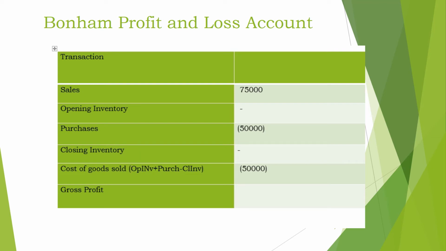And that here is 50,000, because your opening and closing inventory are 0, so your purchases are 50,000. So your gross profit is 25,000. Your gross profit is 75,000 of sales minus 50,000, which is your purchases and your cost of goods sold. Okay, hope that's okay.